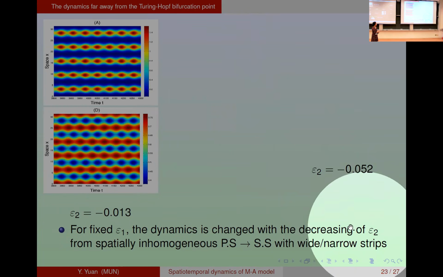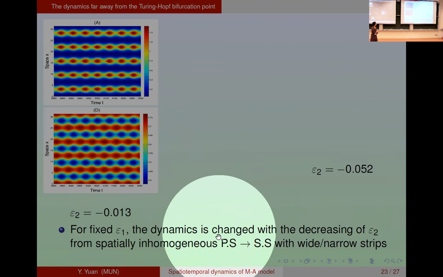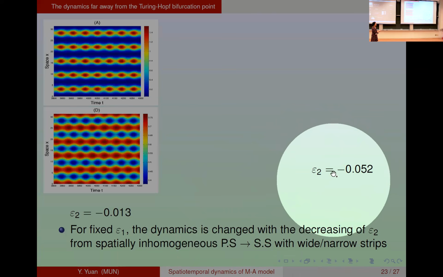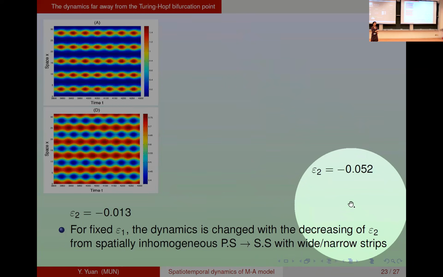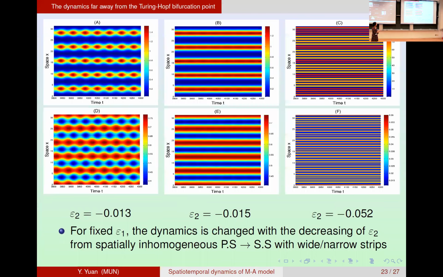If we decrease the value of epsilon2, the change is from the spatially homogeneous periodic solution, which for certain values could be stable. But as we increase it, it changes to this.